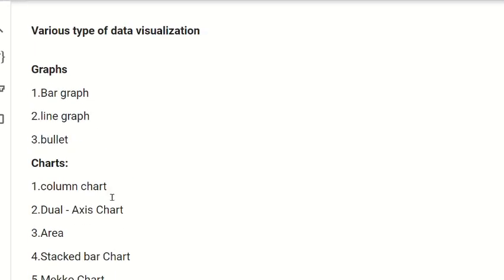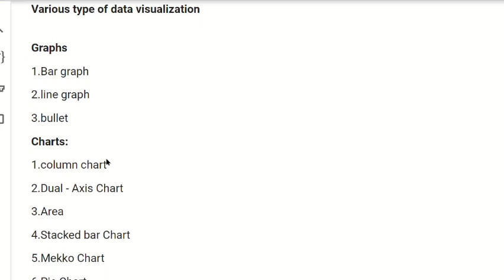So a pie chart represents relations and an area chart represents the difference between data sets, and a bar graph represents comparison.